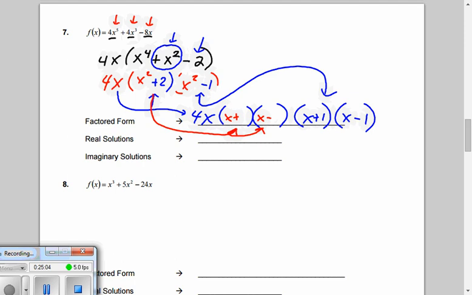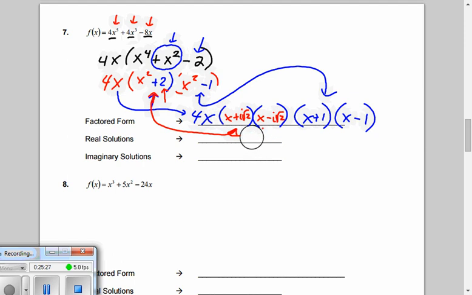And the last would be i and i because I have to have an i in here because this is the kind that gives me imaginaries. And the last thing is root 2 and root 2. It's always the root of whatever this number is. Okay, and then that gives me real solutions.